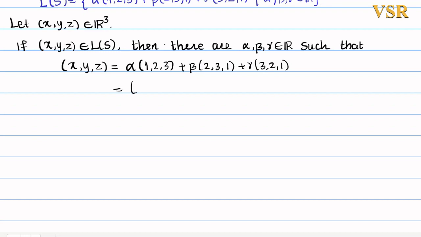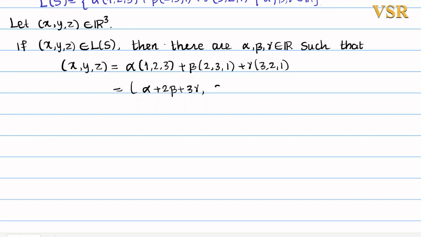If that is the case, then the first coordinate is alpha plus 2 beta plus 3 gamma. The second coordinate will be 2 alpha plus 3 beta plus gamma.